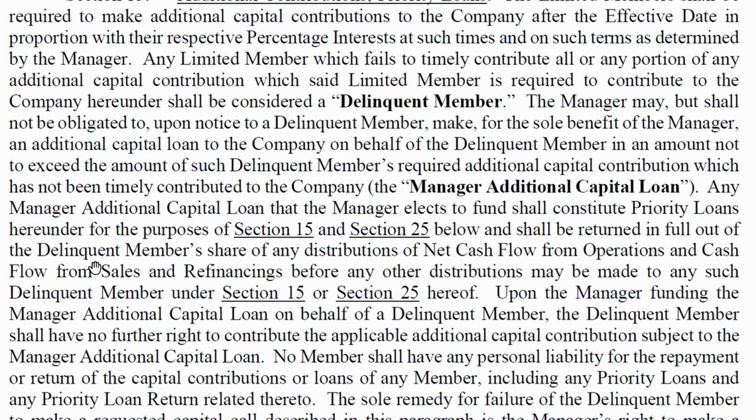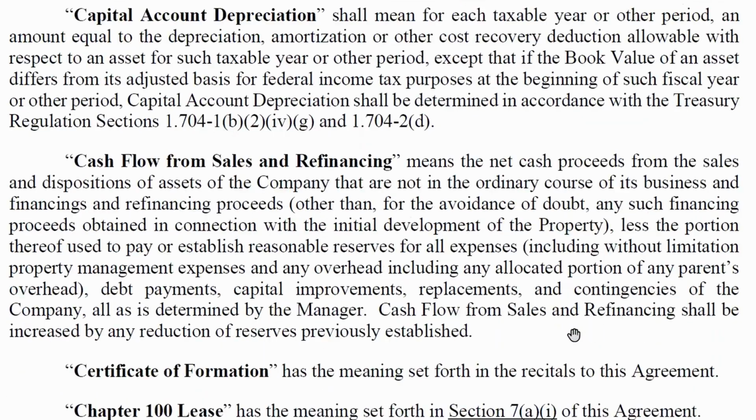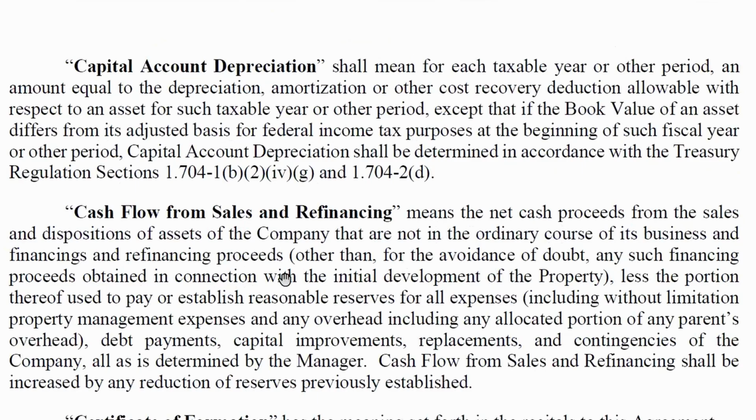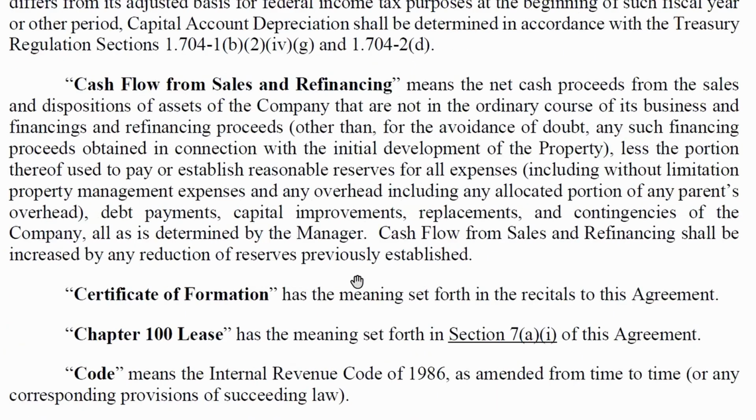net cash flow, delinquent member. So delinquent member share, and it actually says net cash flow, that's also capitalized. If something's capitalized in a legal document, that means somewhere in the document there's a definition of what that means. Here's cash flow from sale of refinancing, capital account.